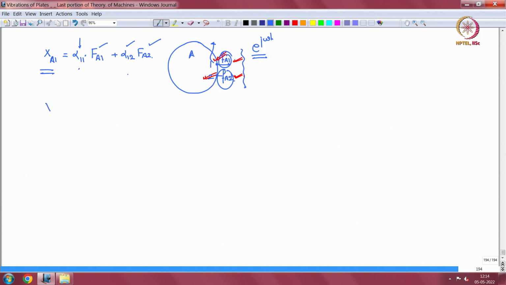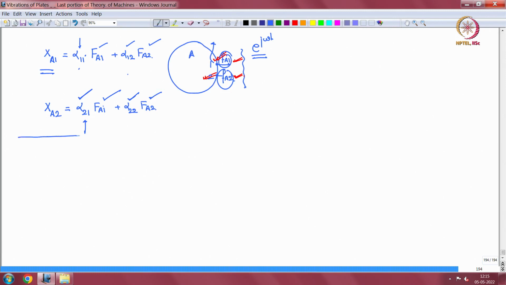Similarly, XA2 is alpha 21 FA1 plus alpha 22 FA2: the response at 2 for a unit force at 1 into the amplitude of the force at 1, plus the response at 2 for a unit force at 2 into the amplitude of force at 2. It's a linear system.